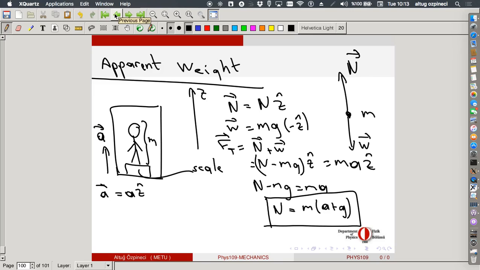You see, the mg, if we take the scale in this case, let's just study the scale. What is the free body diagram of the scale? What are the forces acting on the scale? The weight of the scale.